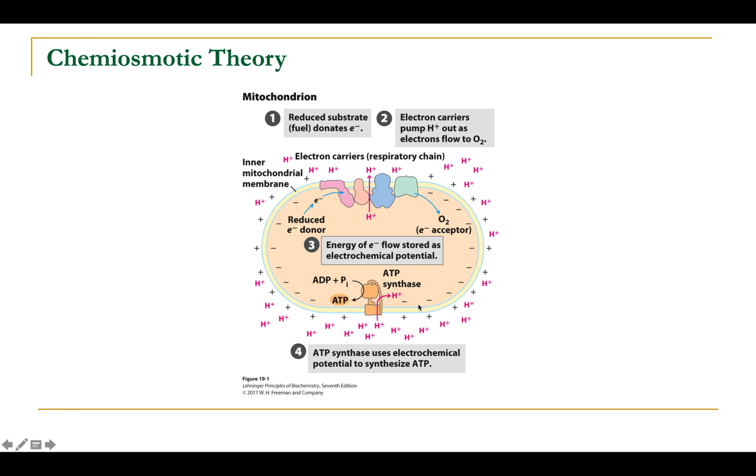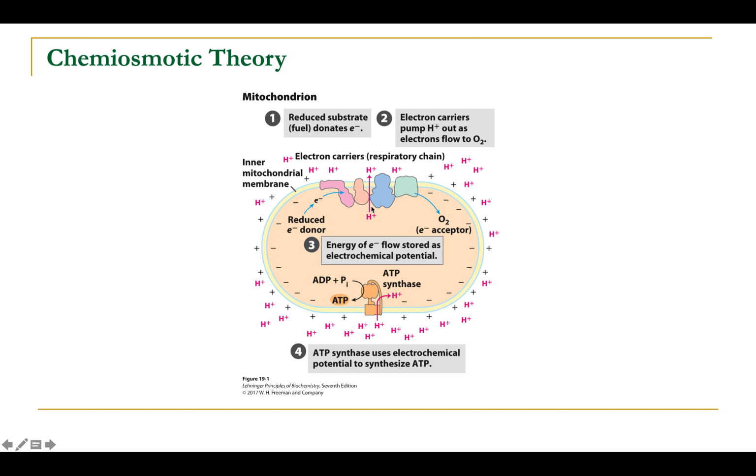And this electrochemical gradient is utilized by the proton pump ATP synthase, which uses the energy produced by releasing the protons back into the mitochondrial matrix to synthesize ATP from ADP and inorganic phosphate.